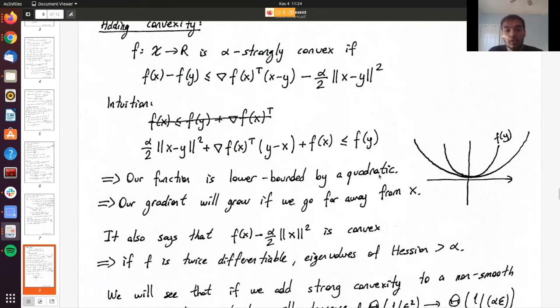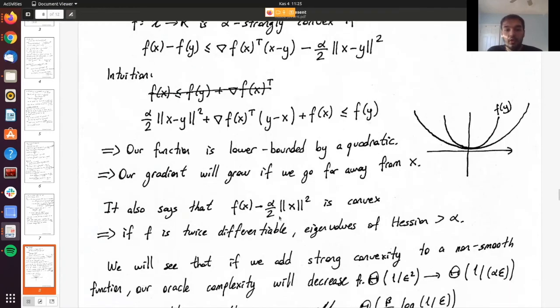So our function is lower bounded by a quadratic, and our gradient will grow if we go far away from x. Since it is bounded by a quadratic, and quadratic functions grow as we get further away from the minimum, our gradient will grow if we go far away. This also says that the function is convex, and you should realize that if our function is twice differentiable, the eigenvalues of the Hessian will be bigger than alpha.